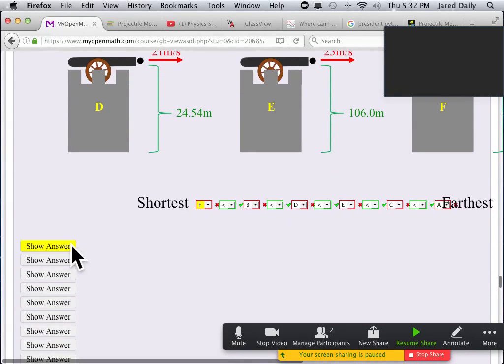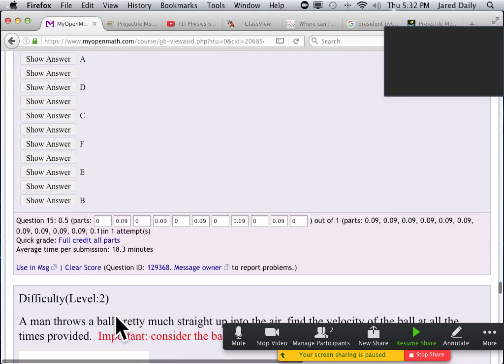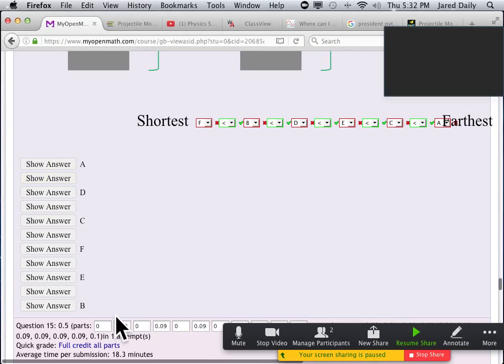Do I have it in reverse order, or did I get something wrong, or what did I do? So you did F, B, D, E, C, A. Yours is all out of whack.